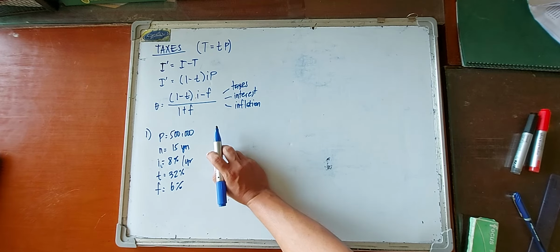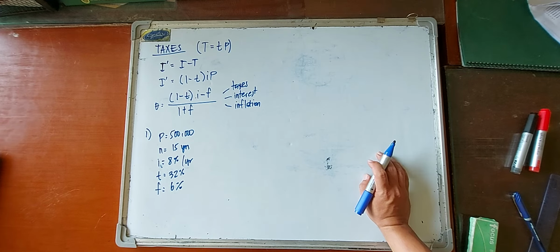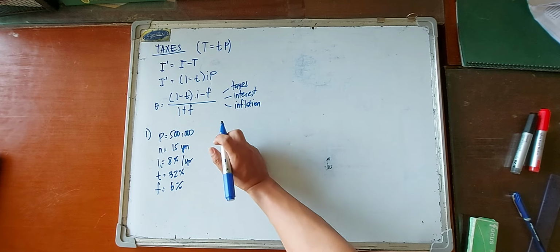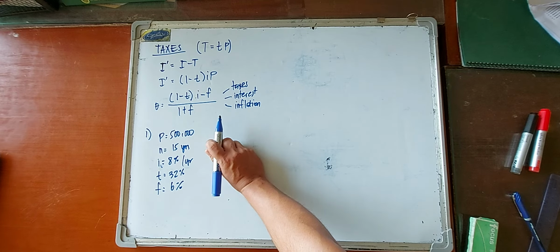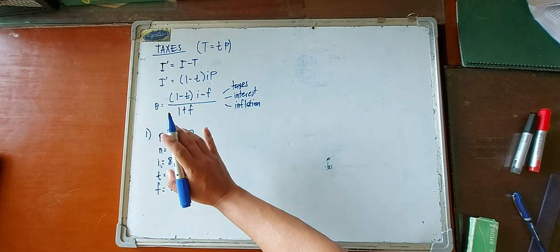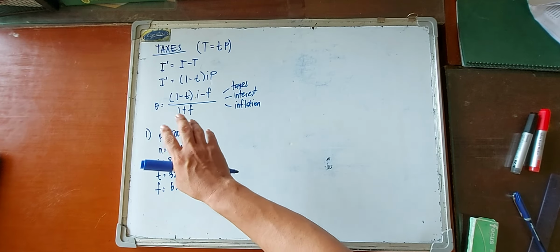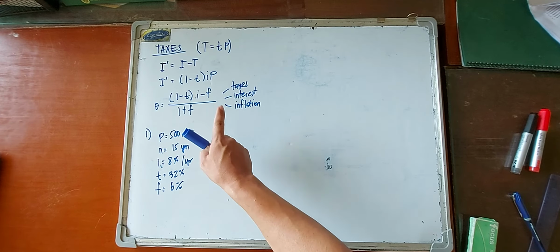Okay, so yan yung kinita natin after taxes. So if you are going to consider the effect of tax, the interest dun sa investment natin plus yung inflation. So tatlong factors na to, no?